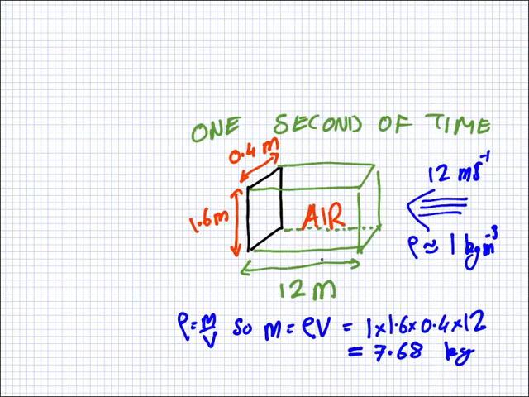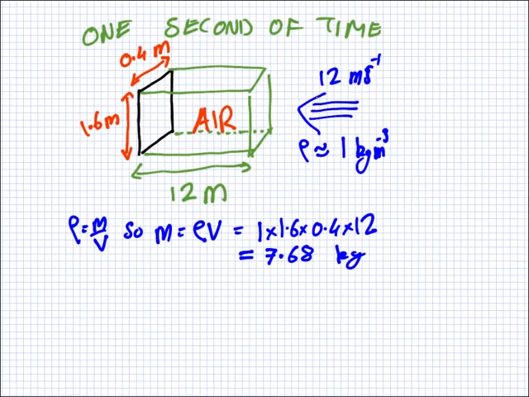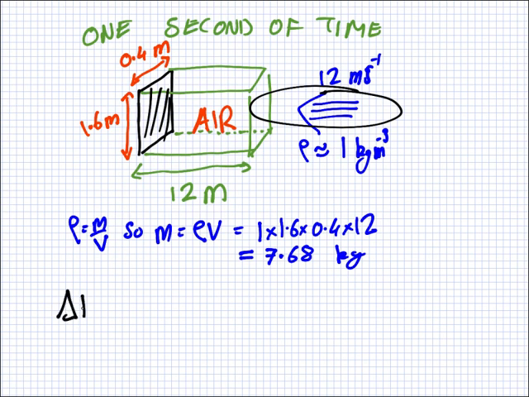Now, what happens to this air? Initially, it's moving, and then when it hits him, it's not moving. Can you picture that? The air is moving towards him, and then it stops when it hits him. So the air has a change in momentum, mv minus mu, but the v is 0.